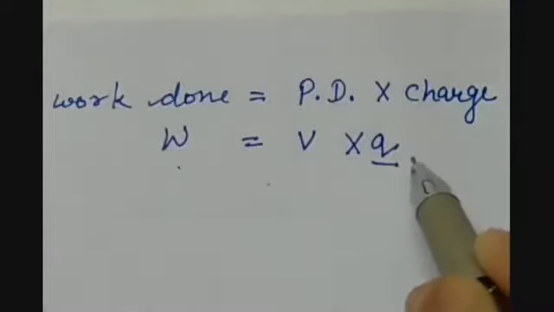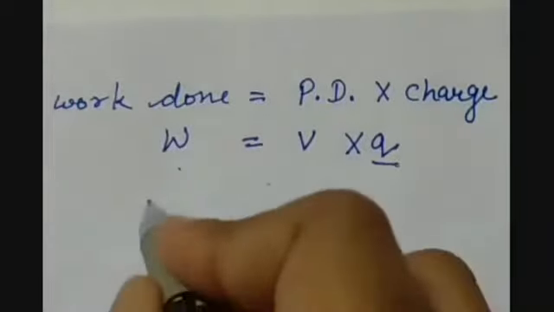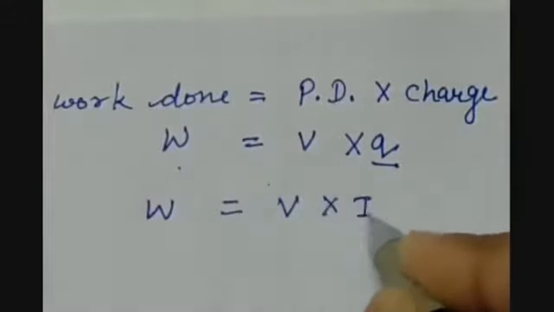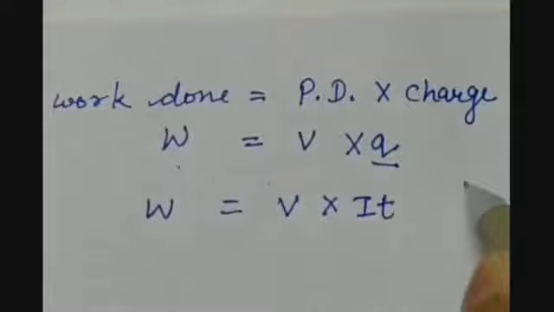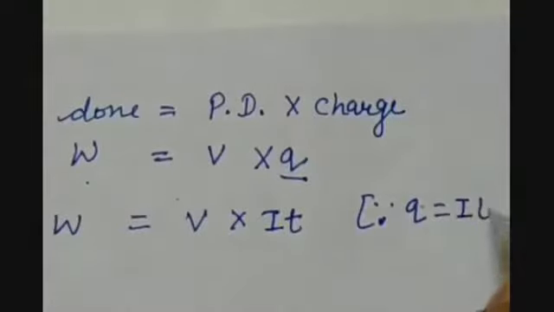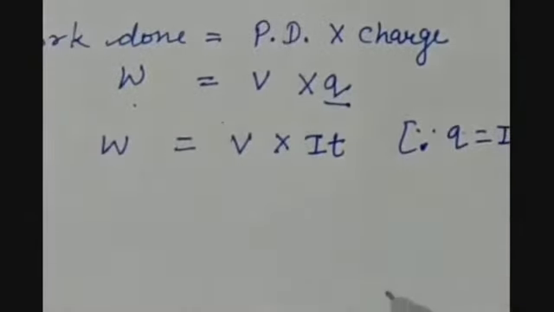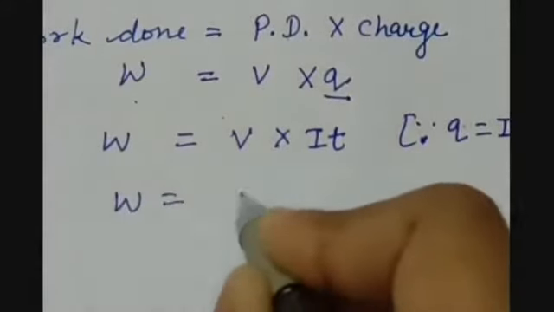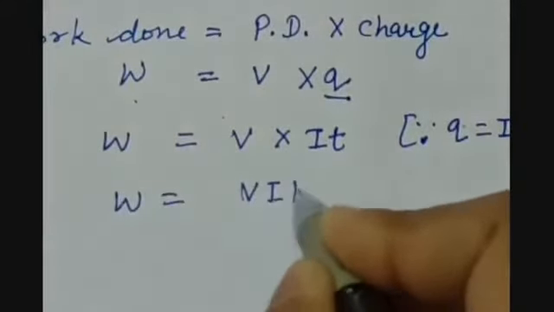Q is equal to I into T. If we put it here, from the previous equation, now we have W is equal to V into I into T.